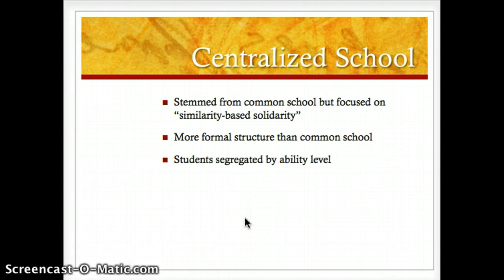With this system, more and more students received education, but to a greater extent these students were grouped homogeneously, and became more segregated depending on their ability level or the type of disabilities they have. It became more staggered and focused based on student need.